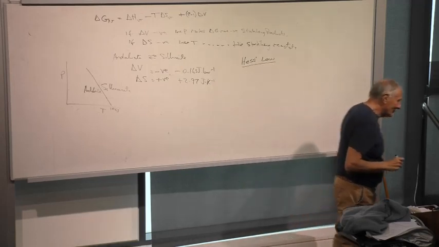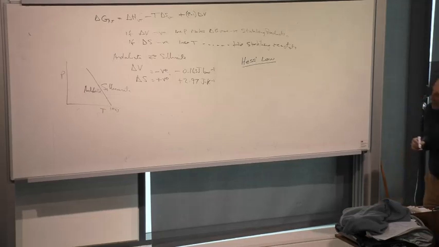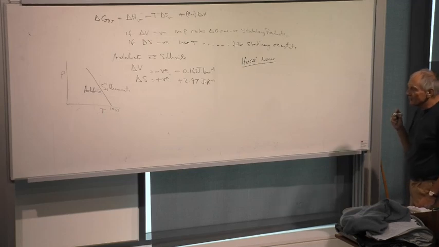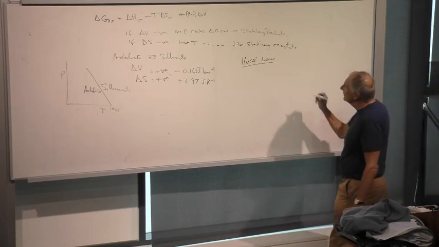And what does that do for us? Well, it tells us that enthalpy, entropy, and free energy depend only on the state of the system. They depend only on the pressure, the temperature, and the composition. They don't depend on the path taken to reach that state. Okay?